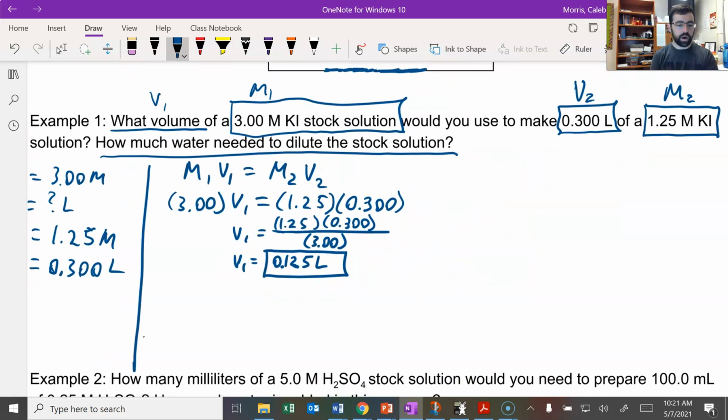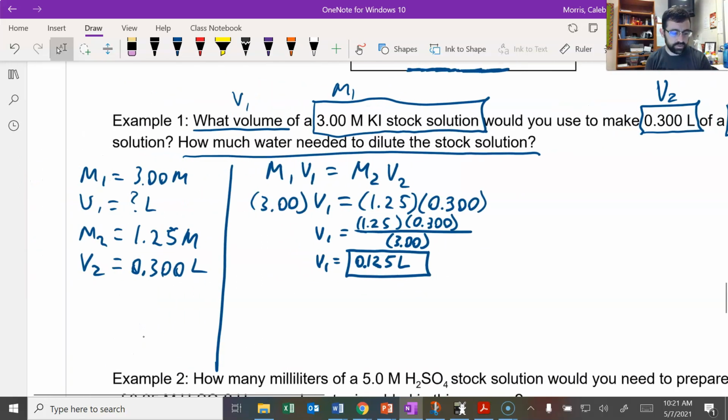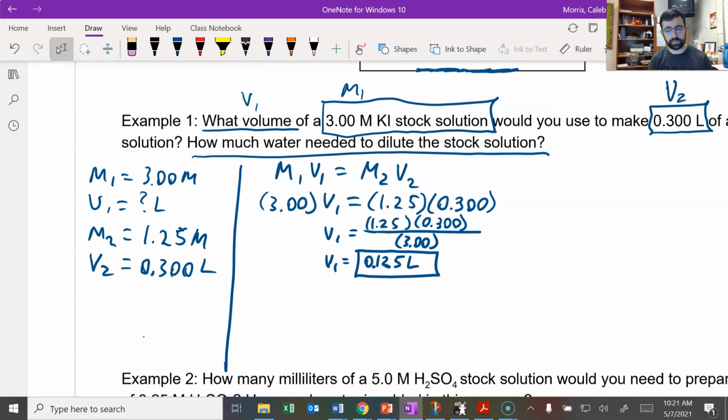Okay, how much water was needed to dilute the stock solution? Well, we have our final volume, we have our initial volume. Remember, the only thing that changed is the amount of solvent, so pouring the water in. So what that means is that the volume of water that was added is going to equal V2 minus V1.